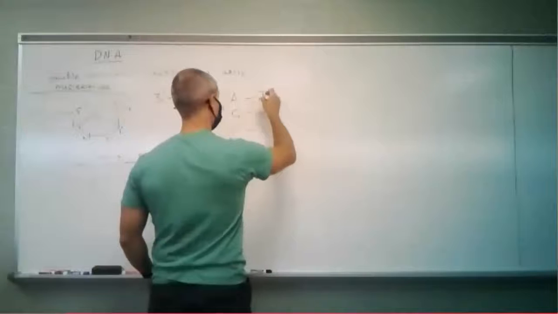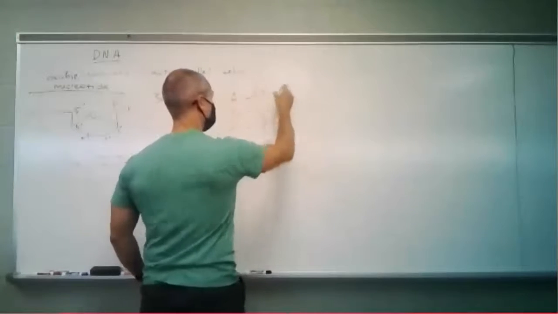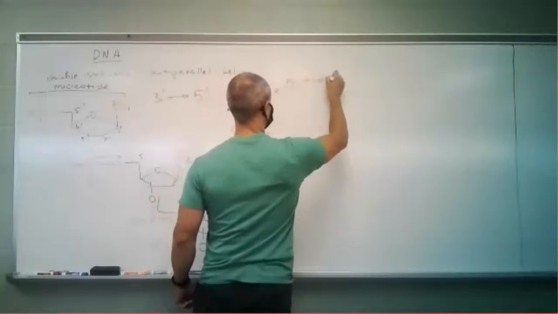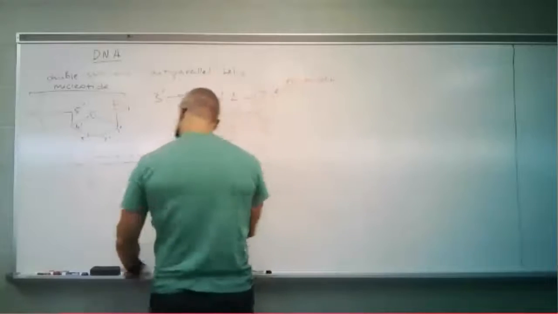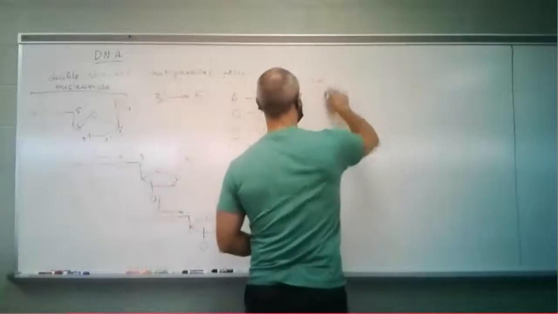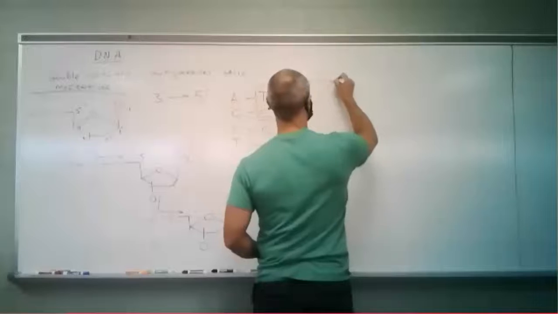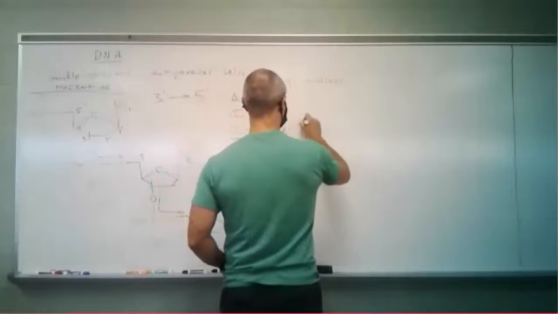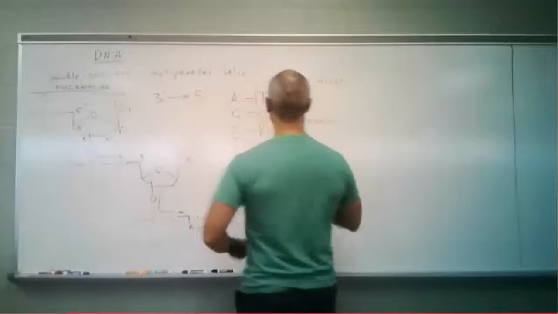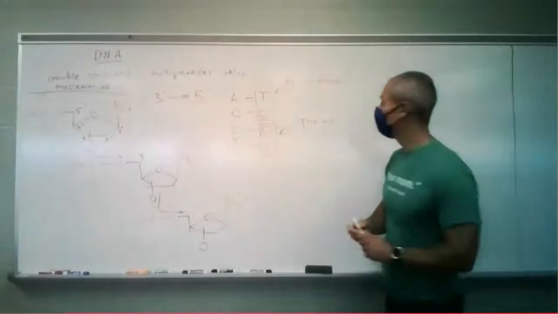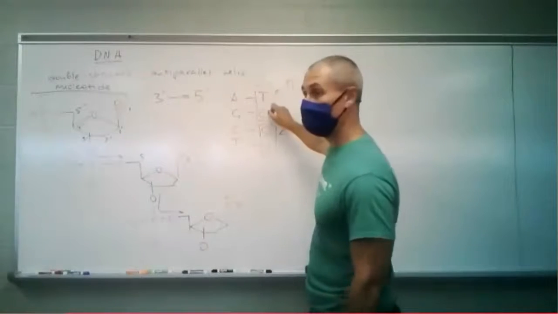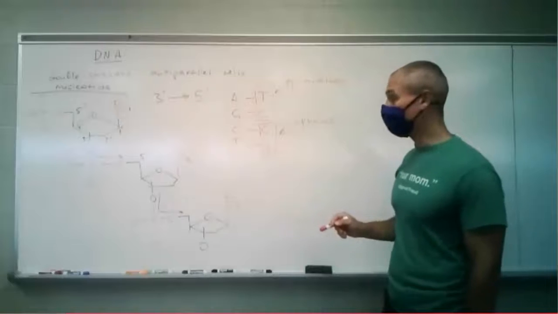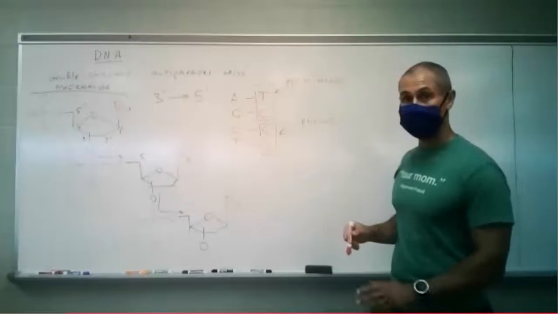Now, T and C are pyrimidines, and G and A are purines. You can see that pyrimidines always pair with purines and vice versa. Okay? Does that make sense?